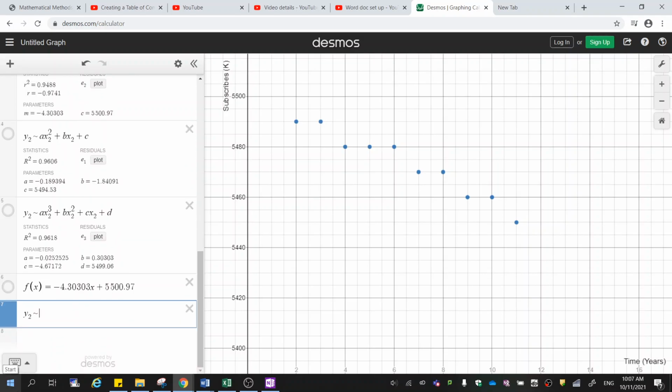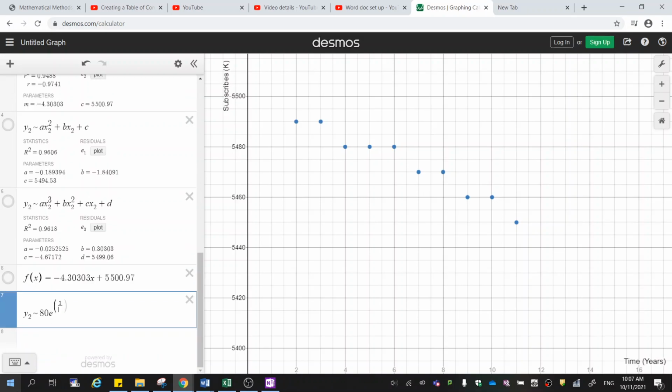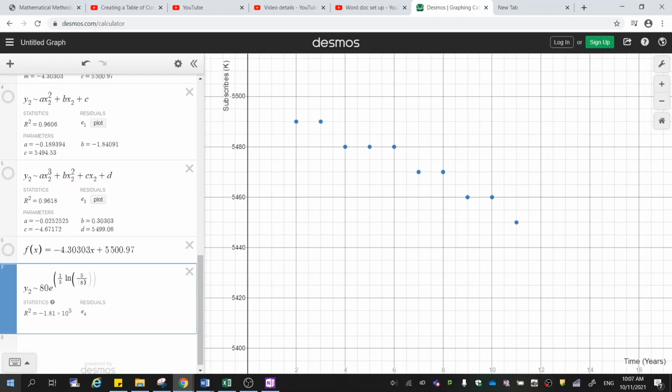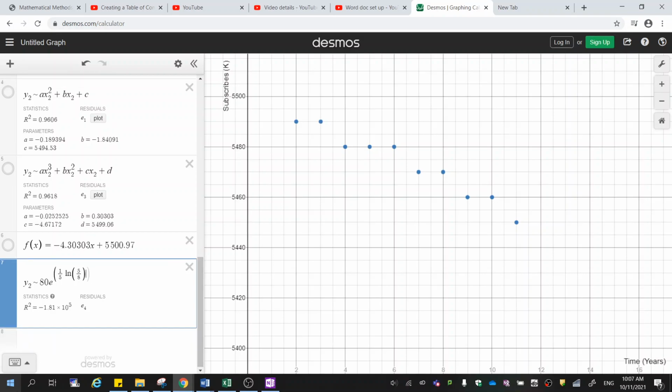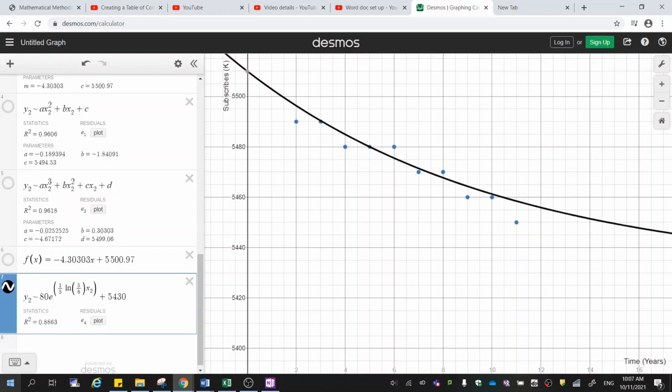So y2 regression score, 80e to the power of, now I'm going to put this part in a bracket, (1/5) ln(5/8) x2, so it relates back to that coordinate, and then plus 5,430.